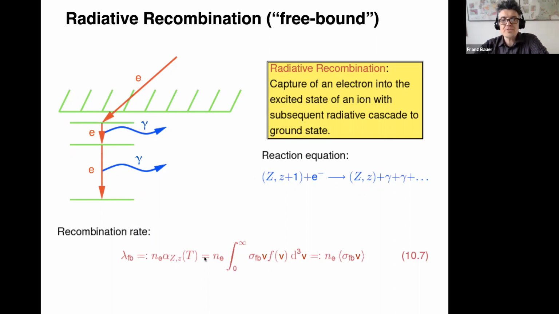And so this recombination rate is given by the number of electrons. It depends strictly on the velocity of the electrons, whether they're going to be receptive to this, and then the cross-section for free-bound. So again, this recombination rate is going to be the number density of electrons and the average of the velocity and the cross-section.